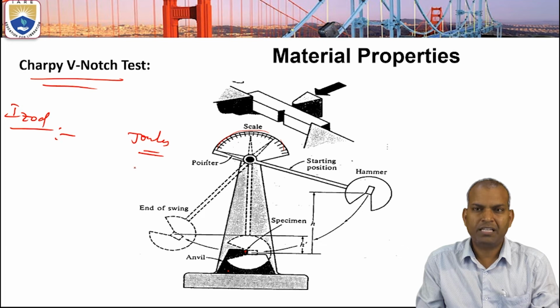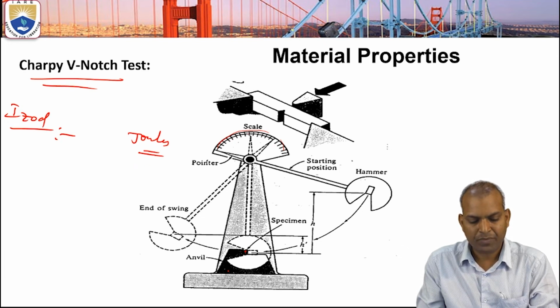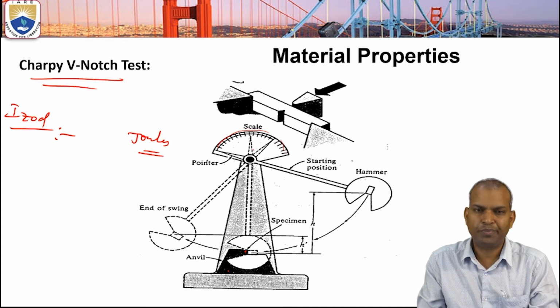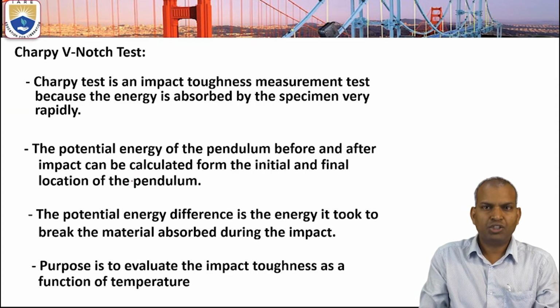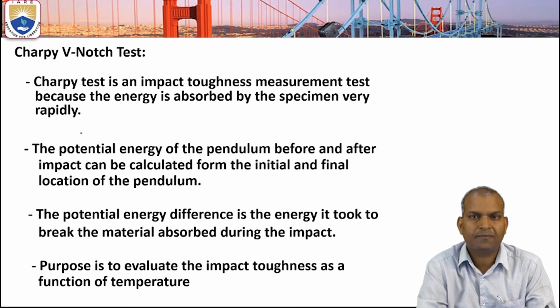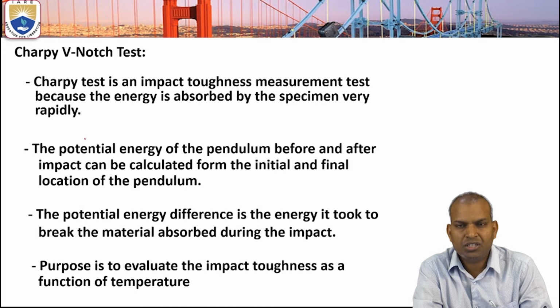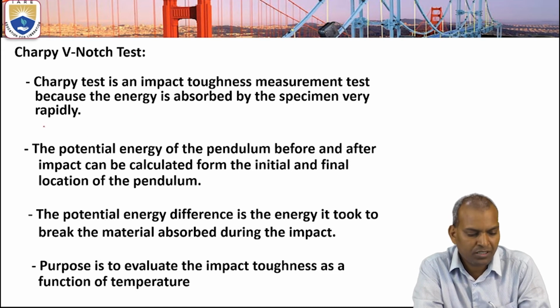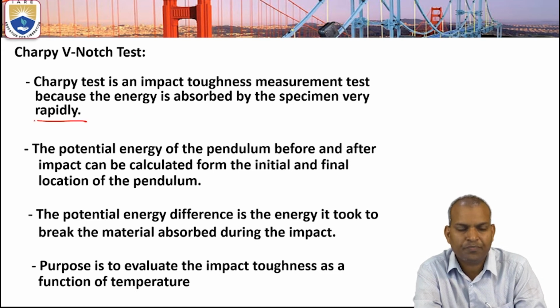So the Charpy test gives the Charpy reading and the Izod test gives the Izod reading. There are two readings: the outer scale or inner scale, one of the scales denotes the Charpy reading, the other one is the Izod reading. Now the Charpy test is an impact toughness measurement test, because the energy is absorbed by the specimen very rapidly under impact load.